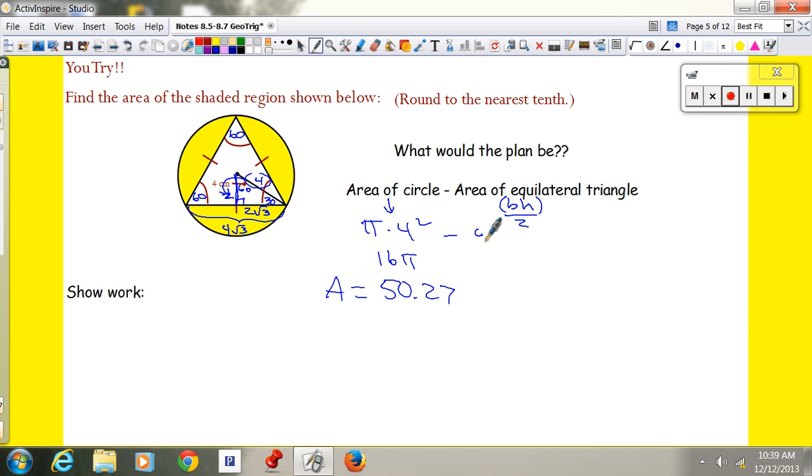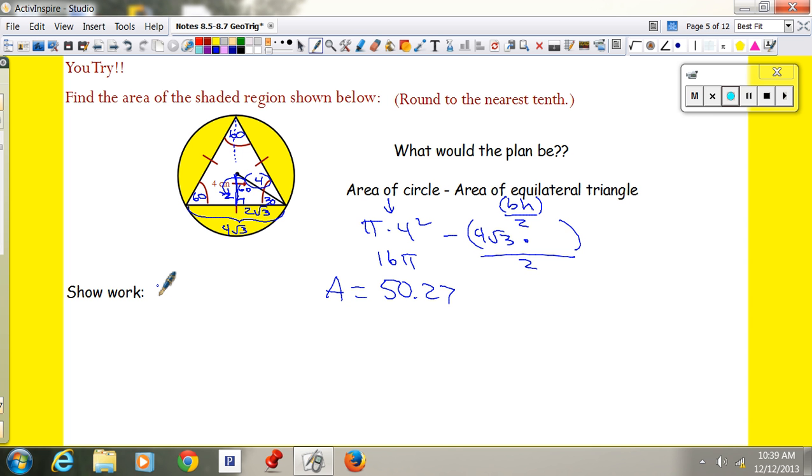So I'm going to put 4 radical 3 times the height, which I don't know yet, divided by 2. 4 radical 3 times what? What's the height? What would be the line that would go straight down through the center all the way to there? Remember, this piece was how much? This piece right here, 2.